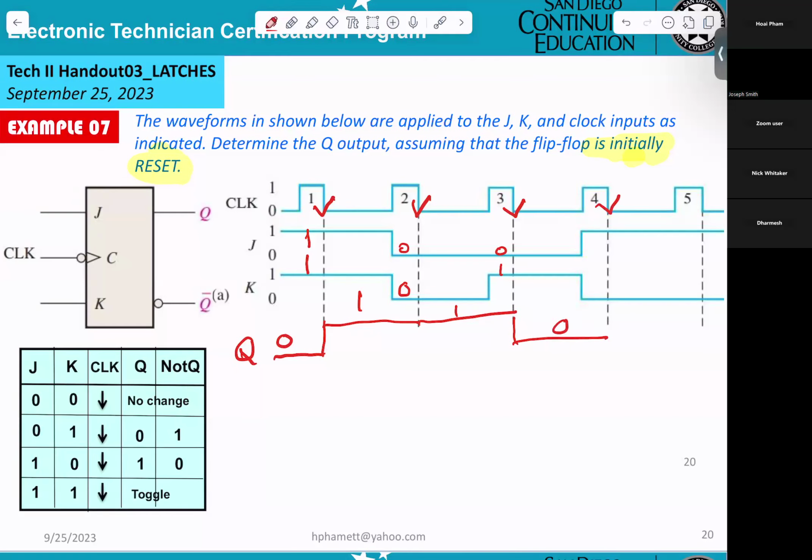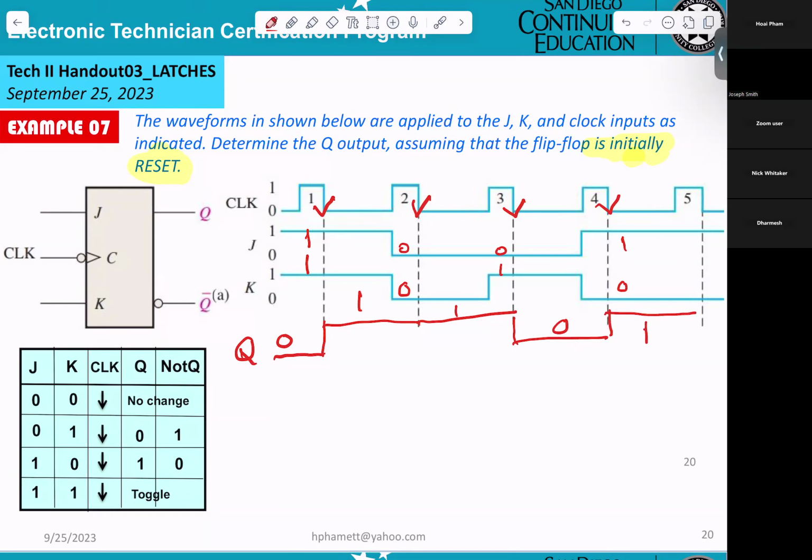And now, the next clock you get 1, you get 0. J1, K0, Q equals 1.